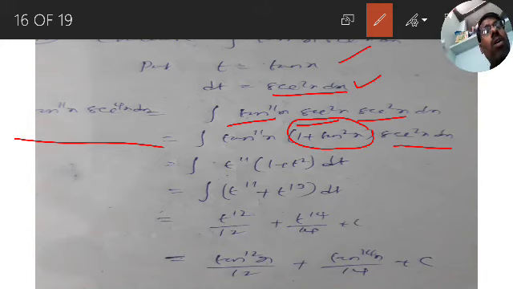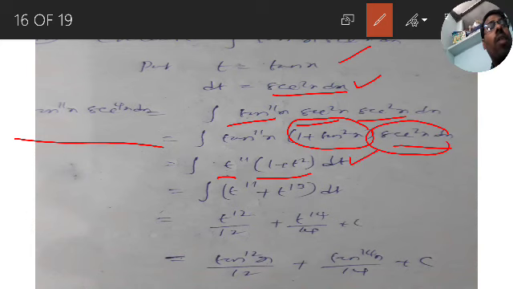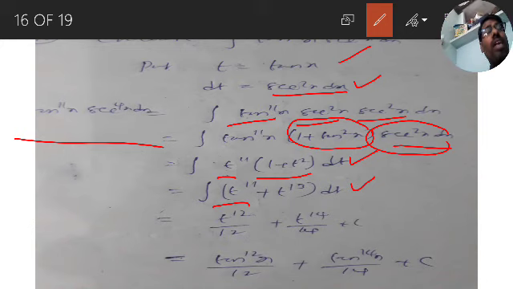So now put tan x is equal to t: t power of 11 into 1 plus t square, with sec square into dx as dt. T power of 11 into 1 is t power of 11, t power of 11 into t square is t power of 13. So t power of 11 plus t power of 13 dt, it is of the form integration of x to the power of n into dx.